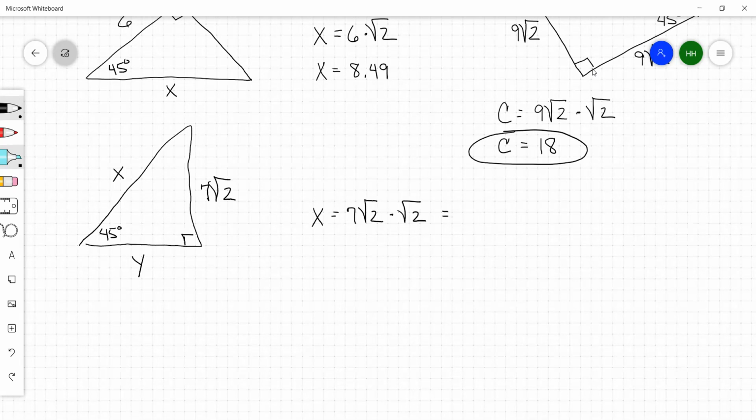And 7 radical 2 times the square root of 2 is 14. All right, it's a 45, 45, 90 right triangle. So the two legs are congruent to each other. So y is also equal to 7 radical 2. Any questions on a 45, 45, 90 right triangle?